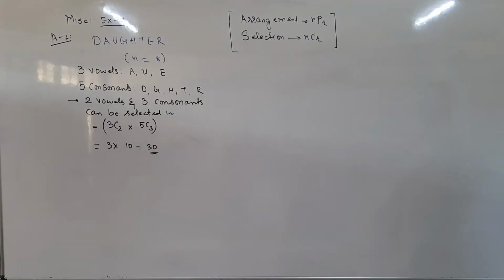Now you know how to simplify 5C3, 5 factorial upon 3 factorial into 2 factorial. So first is selection, so combination.